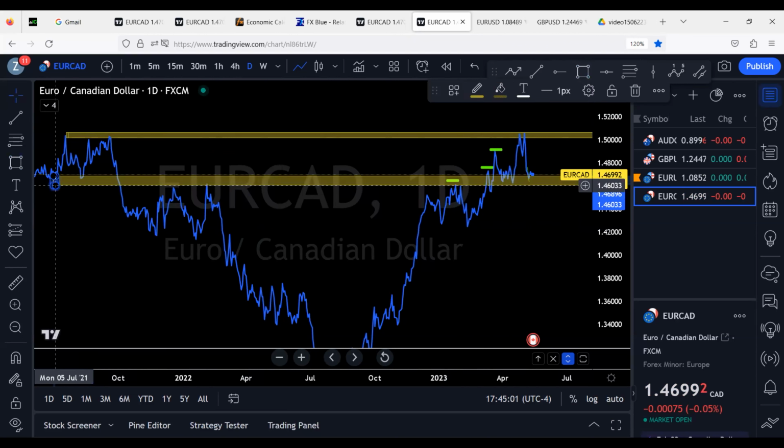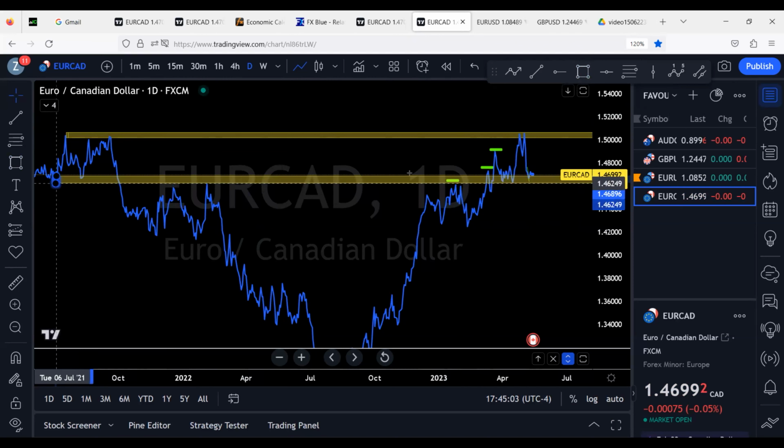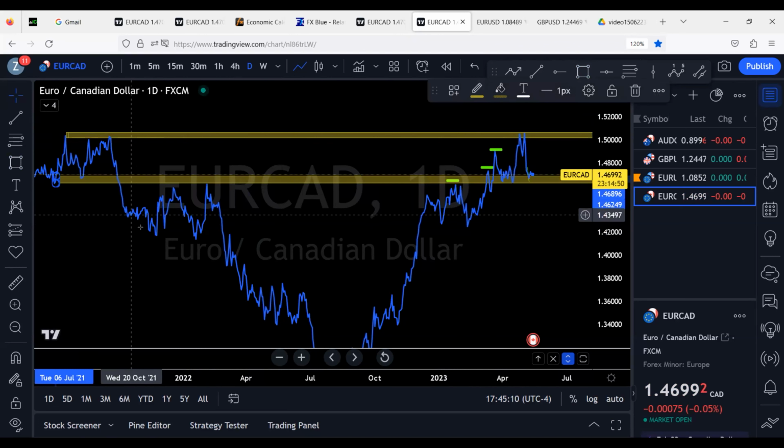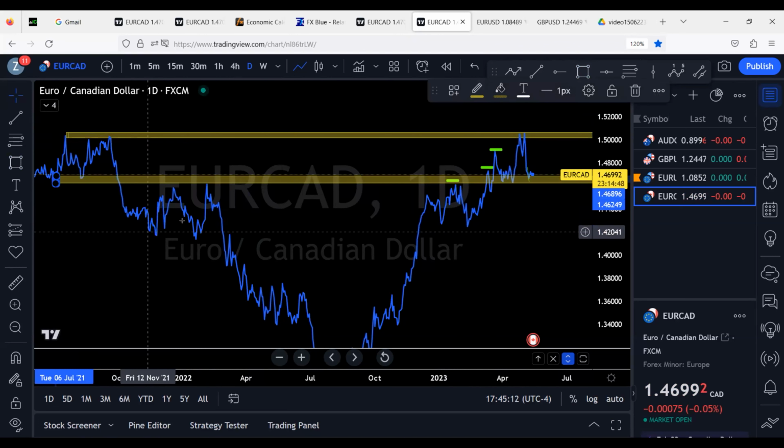This is another area, multiple areas of rejection, guys, where the traders came and just pushed off a couple of times. This is one area we could draw as well.